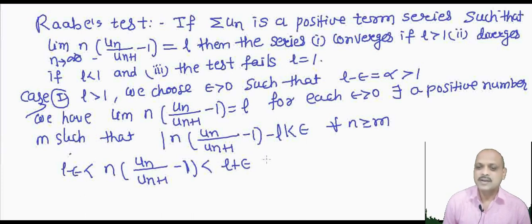Here you can see that we have chosen L minus epsilon equal to alpha, which is greater than 1.